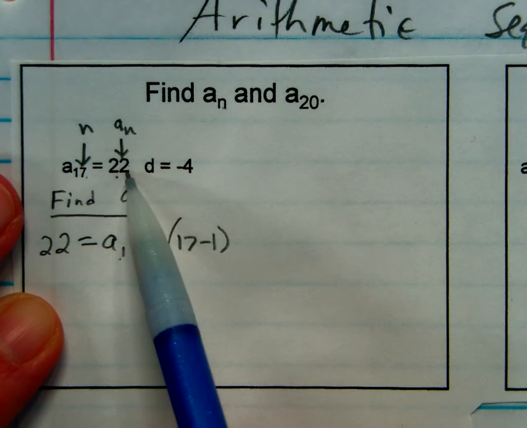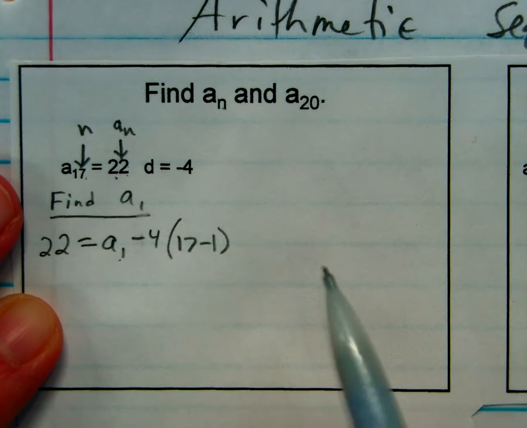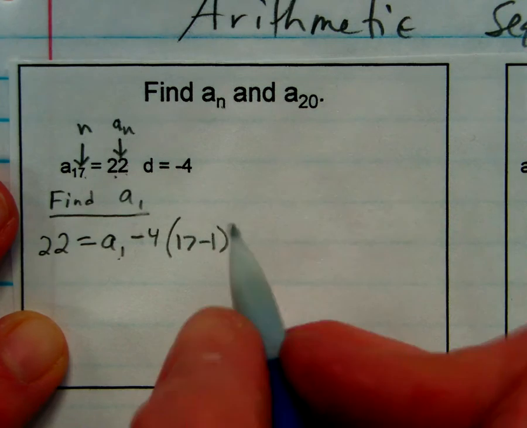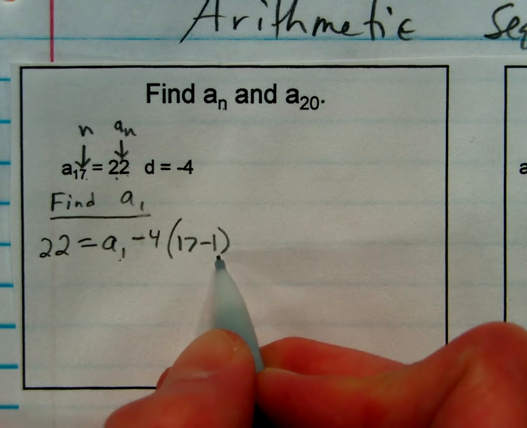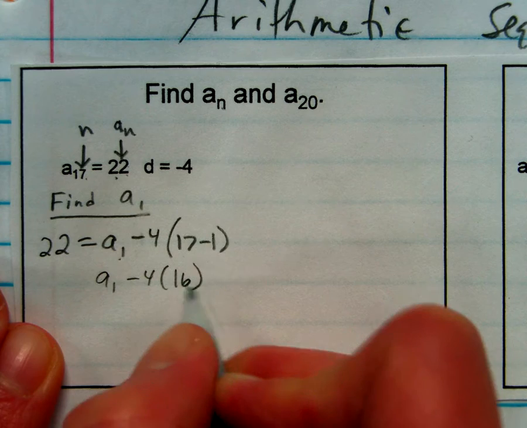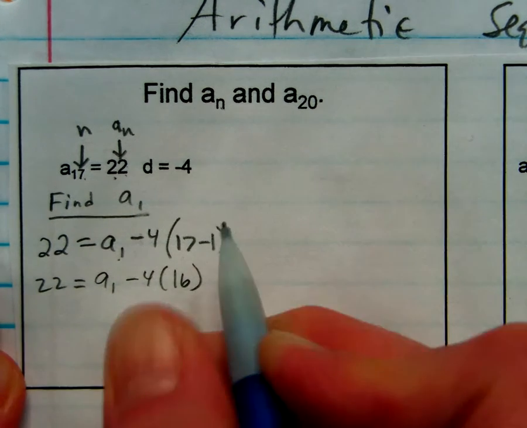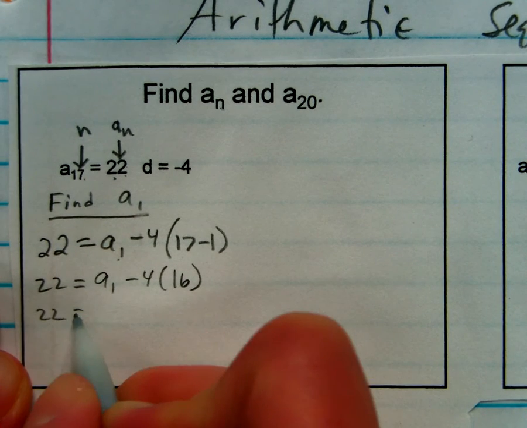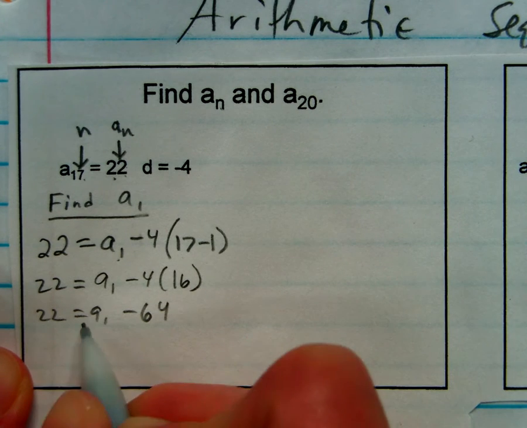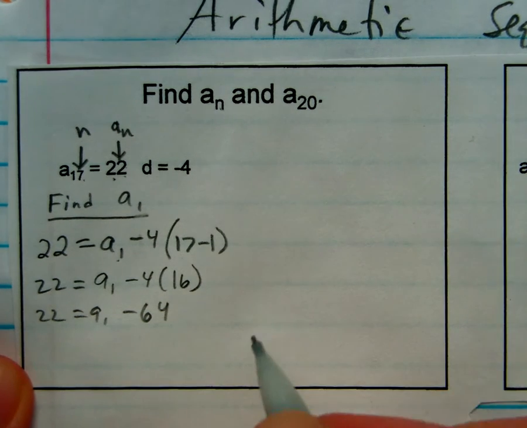Or you could take 22 and add 4 to it a whole bunch and go backwards, which is just a pain. So 17 minus 1 is 16. So this would be A1 minus 4 times 16. And if you take 4 times 16, that is 64. So 22 equals A1 minus 64.